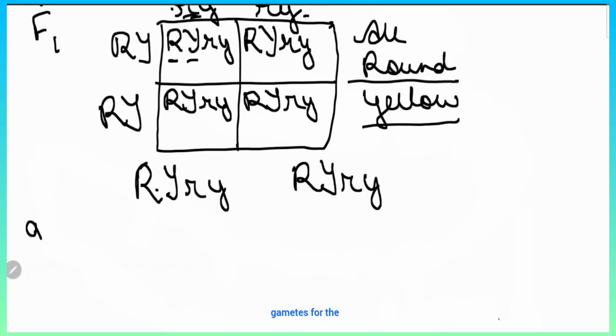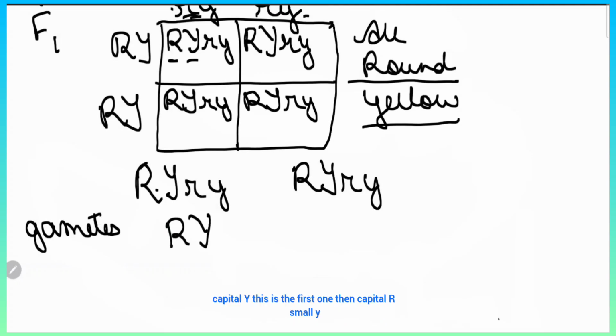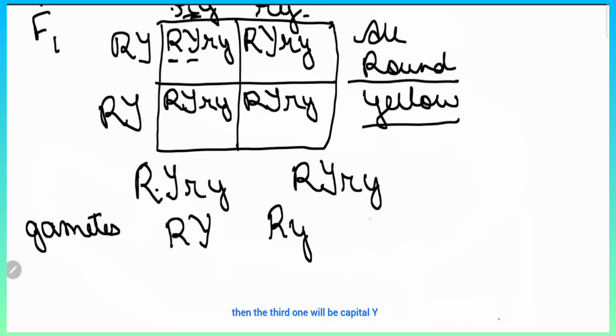So the gametes for the F2 generation will be like this: capital R, capital Y. This is the first one. Then capital R, small y. Then the third one will be small r and capital Y, and then the fourth one will be small r and small y.